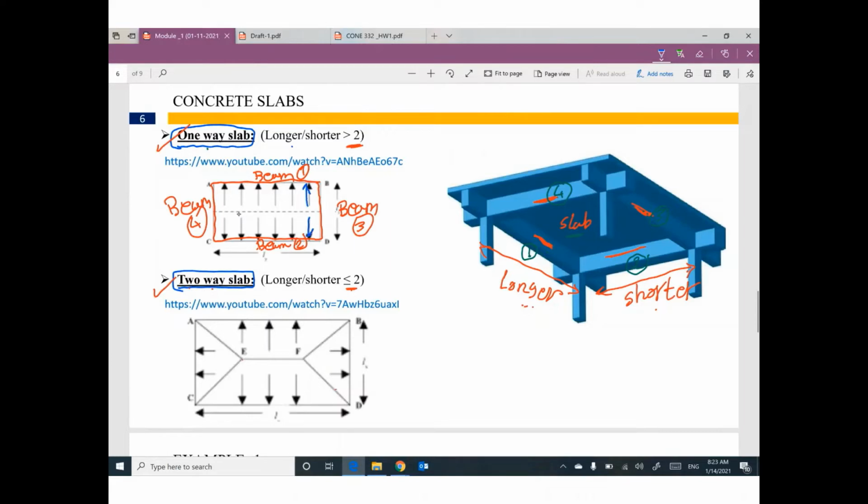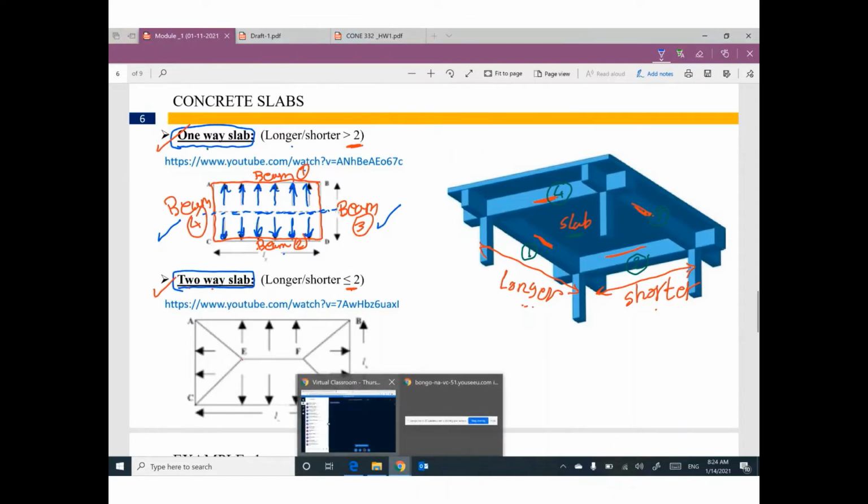This one and this one. We can draw a line here at the midpoint of the shorter direction, and half of the slab will be supported by beam number 1. The other half of the slab will be supported by beam number 2. We don't have any load from this slab to this beam or this beam. So we have only 2 beams supporting this slab, and the other 2 beams do not.